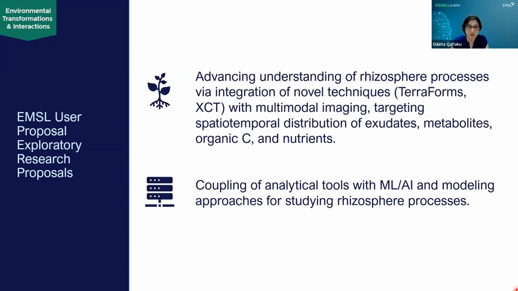And with that, I hope that you have a good view of what highlighted capabilities are proposed for the rhizosphere and biogeochemical transformation, and how they can be coupled with other imaging techniques. And with this, I will give this to Satish to talk more about machine learning and AI.